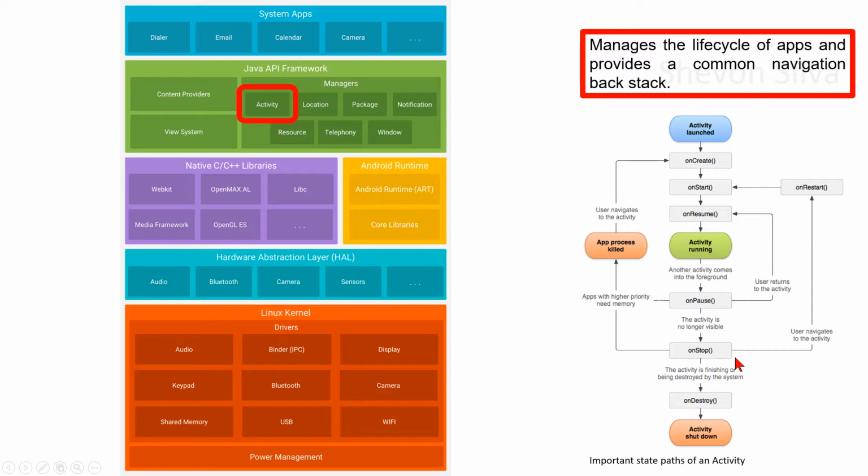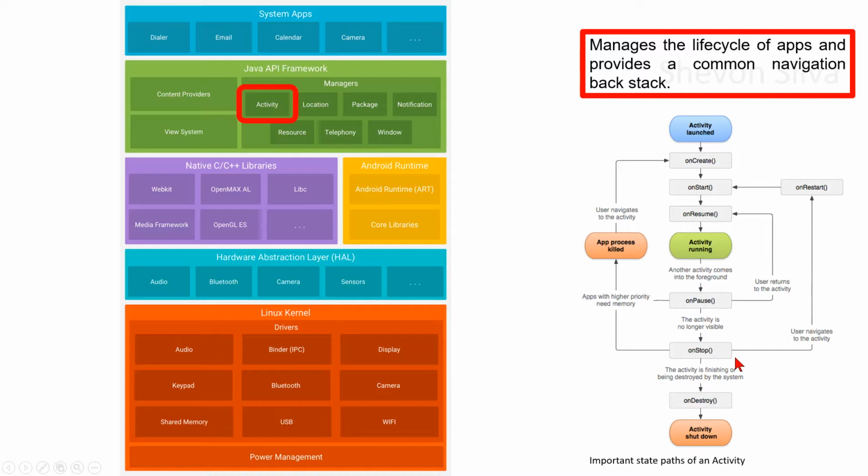onStop method. It's called when the activity is no longer visible to the user. This may happen either because a new activity is being started on top, an existing one is being brought in front of this one, or this one is being destroyed.